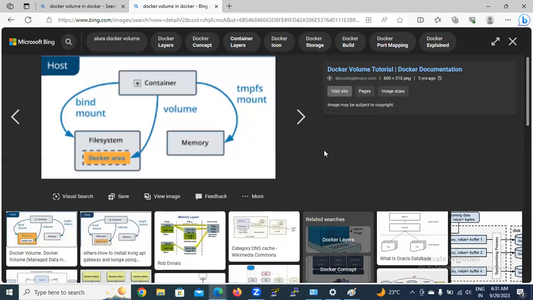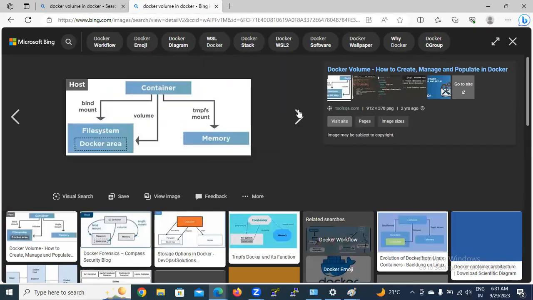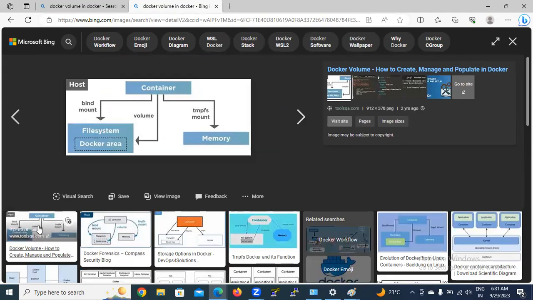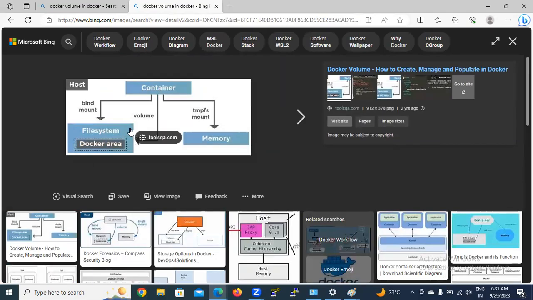So, Docker volume kinds. How many types of volume can we create? Okay, we have three types. First one is bind mount.